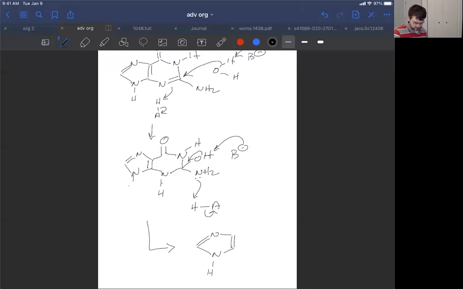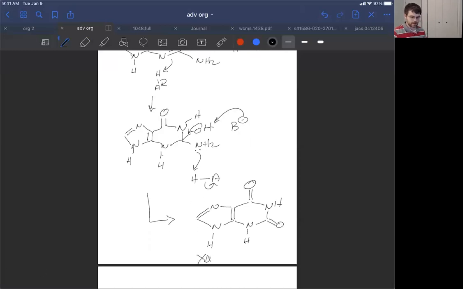Now that the ribose is lost, we have the free base. Whew. All right, and there's xanthine. Yes, xanthine, which can be oxidized to uric acid in a single oxidation step using that other enzymatic machinery, and we're done. We've got the purines taken care of.